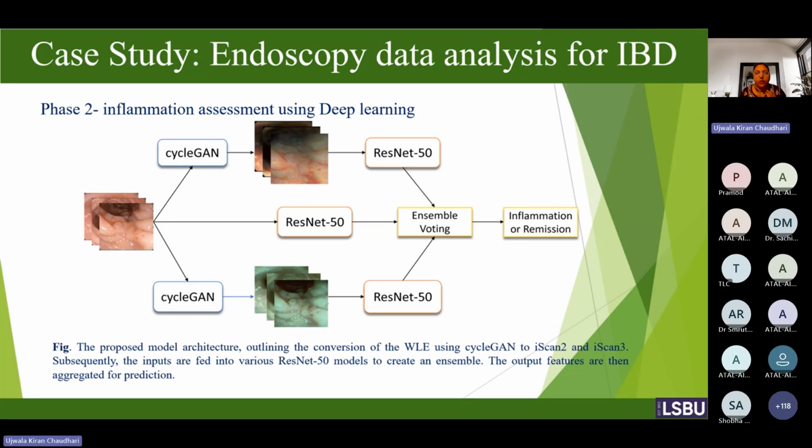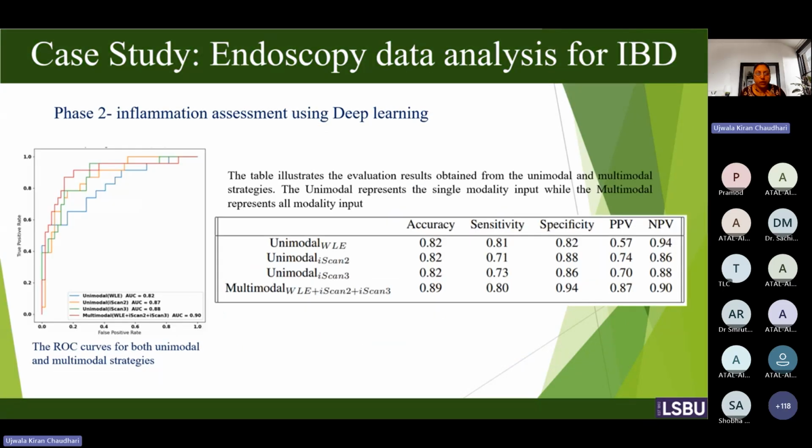These are the results, unimodal, considering only white light, how much is the accuracy? When we process medical data, the medical people, the journals, always talk in terms of sensitivity and specificity. Sensitivity is nothing but recall. We refer to it as recall, but in the medical domain we refer to it as sensitivity.